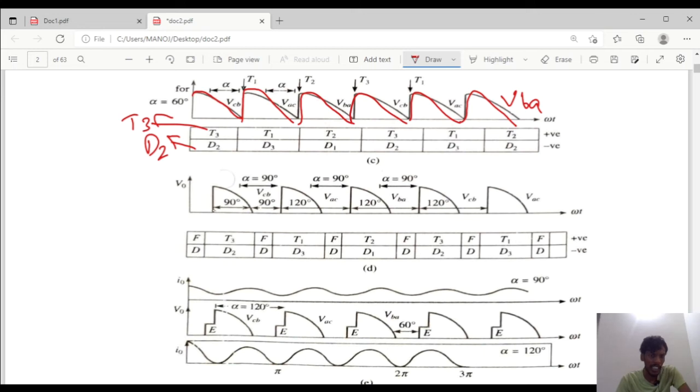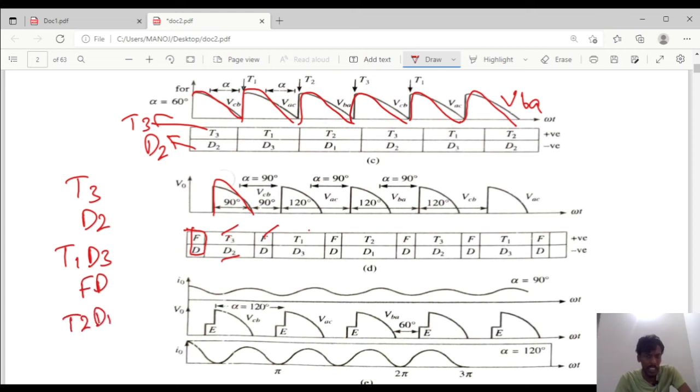Next for 90 degrees, firstly freewheeling diode action takes place for 90 degrees. After that T3 and D2 will conduct. If you observe here, at 90 degrees T3 and D2 will conduct. After the freewheeling diode action, T1 will conduct. So first T3 and D2 will conduct, next T1 and D3, again freewheeling diode action will continue, again T2 and D1 will conduct.